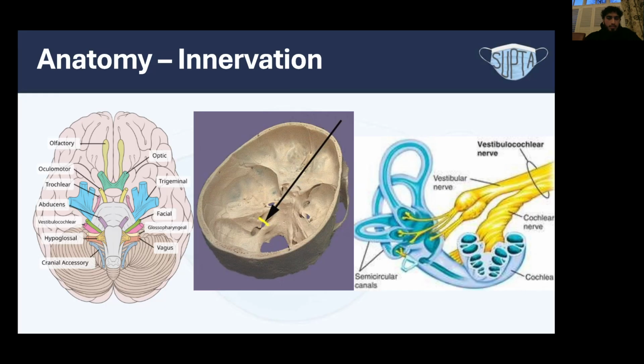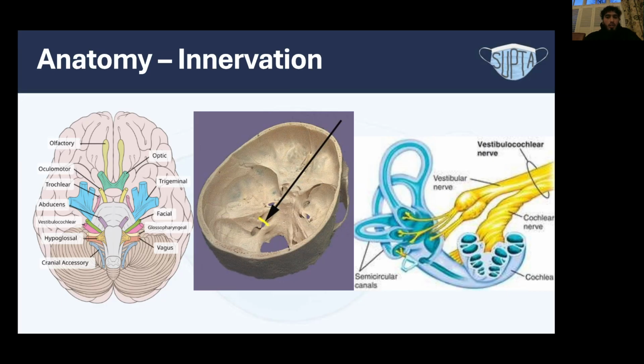The vestibular nerve, like I said earlier, goes specifically and only to the vestibular apparatus. It conveys information from the vestibular apparatus to the vestibular nuclei in the pons and brainstem. That allows us to maintain balance, spatial orientation, and coordination.